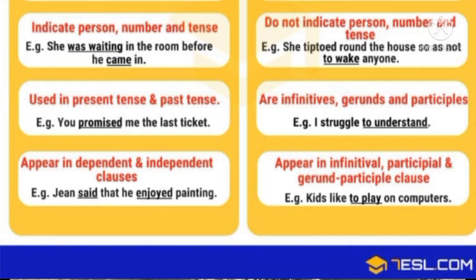But non-finite verbs are used as infinitives, gerunds and participles. So there are three types of non-finite verbs. They are infinitives: when we use to plus verb form, it is used as an infinitive. Gerund is verb plus ing form, and participles are similar.